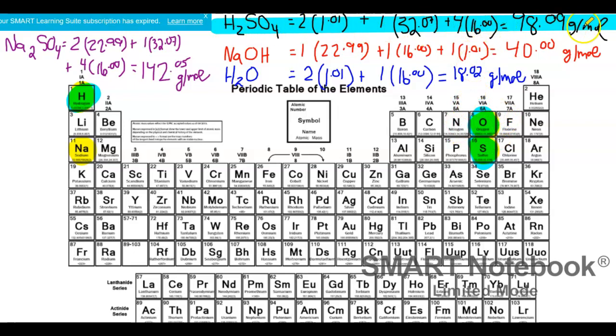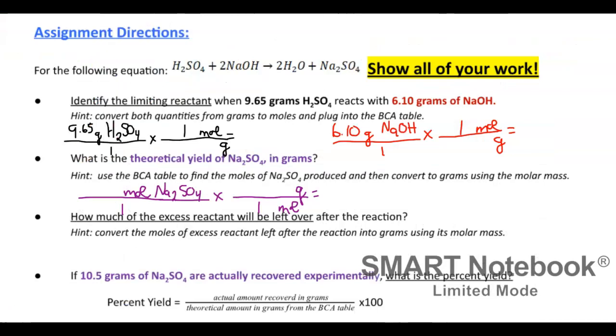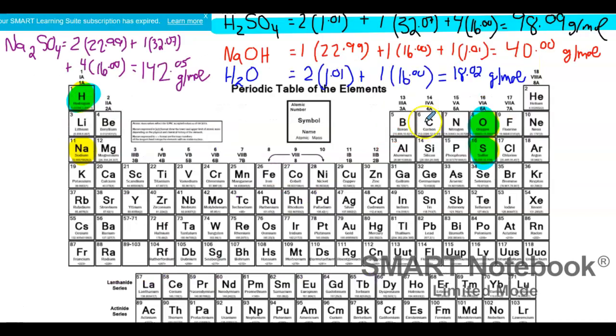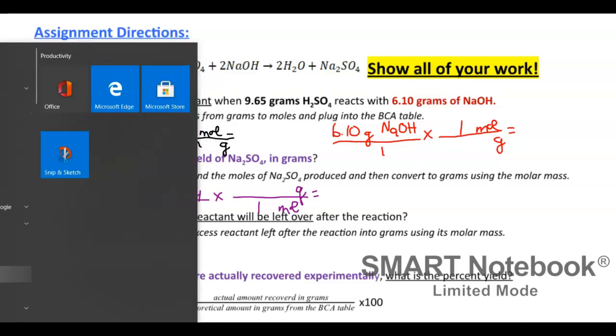We add all those up and we find that sulfuric acid's molar mass is 98.09 grams per mole. So let's do our color coding here. 98.09 grams per mole.